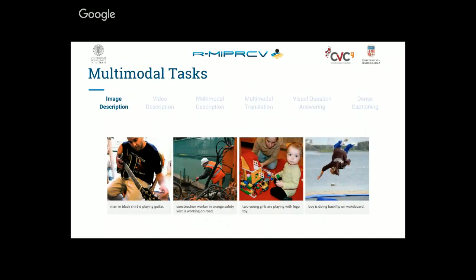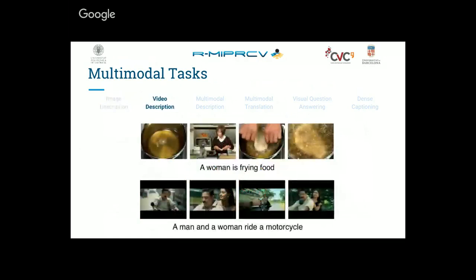techniques. The first one is image description, in which we've got an image and the model has to generate a textual description of what is happening in that image. Then another example is video description, which is more or less the same, but instead of a single image, we have a set of consecutive frames which show us some kind of action.